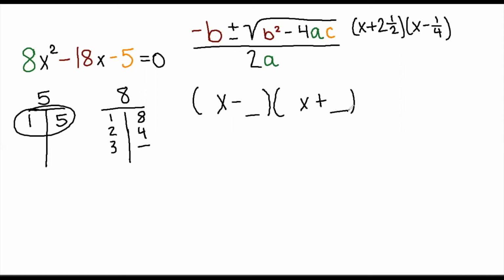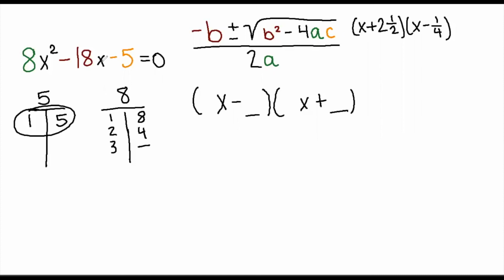So we're thinking about that, and then we need to look at, are we going to use 1 and 8 or 2 and 4? So if we did 8 times 5, that would be too much, because that would go all the way up to 40. And we need this to stay around 18.